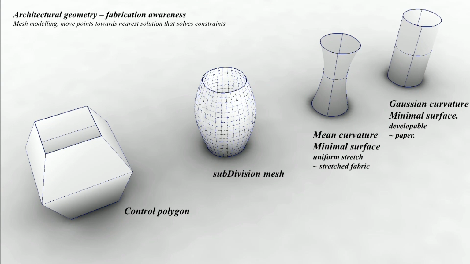So the gist of it is geometry. The main strategy to address structural and fabrication constraints is to basically move the points of a mesh until certain geometric conditions are met. For example, if you want to stretch fabric, all parts will have negative curvature, or zero mean curvature, let's say minimal surfaces, which means you move the points until that curvature condition is satisfied.